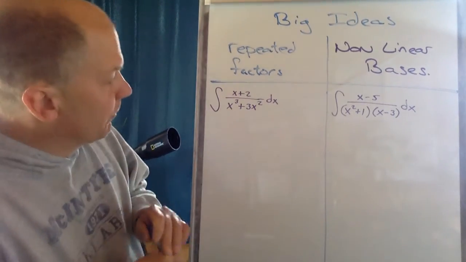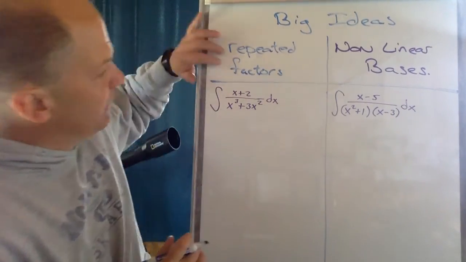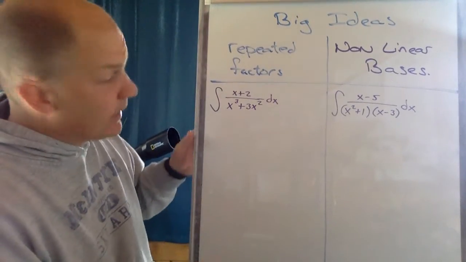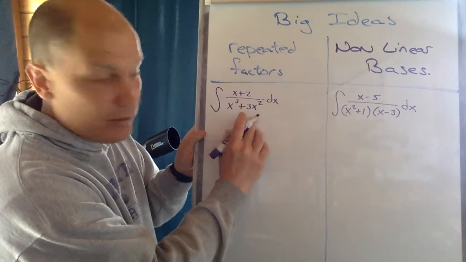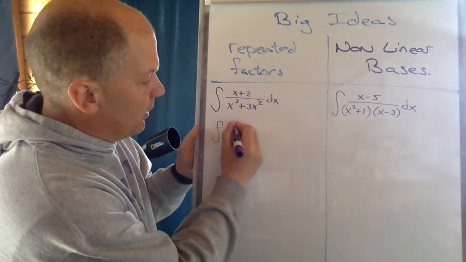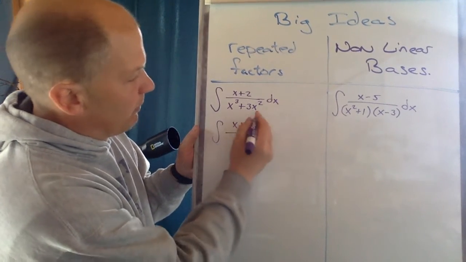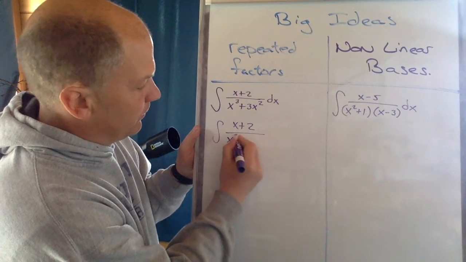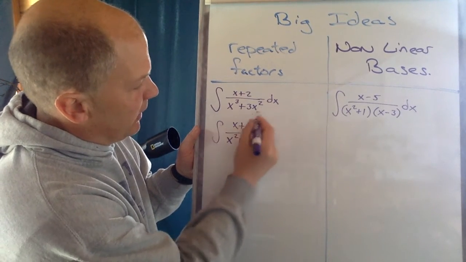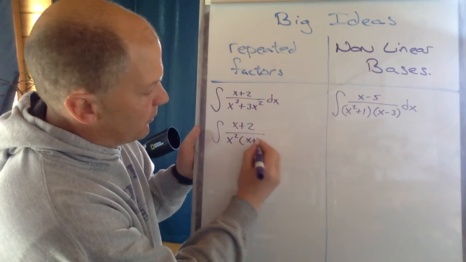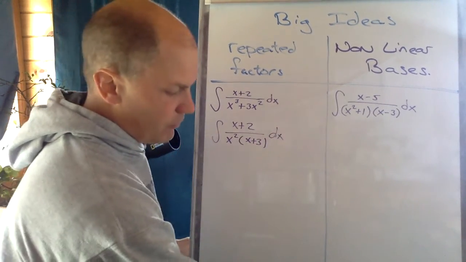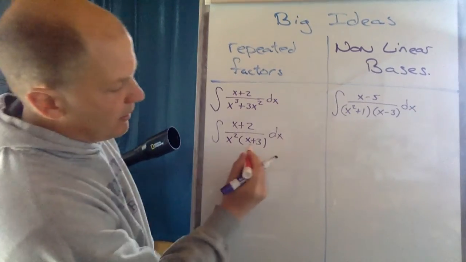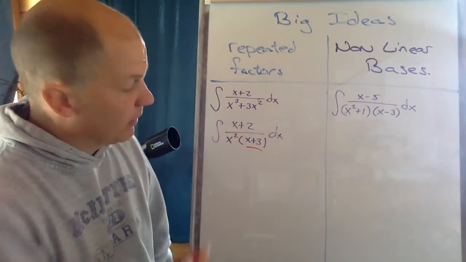Okay, so repeated factors. What I mean by that is that when we take this denominator and we start to factor it out, we will see that we could factor an x squared out, and then inside we'd be left with x plus 3. The x plus 3 is really nice because that's linear and it's non-repeating.